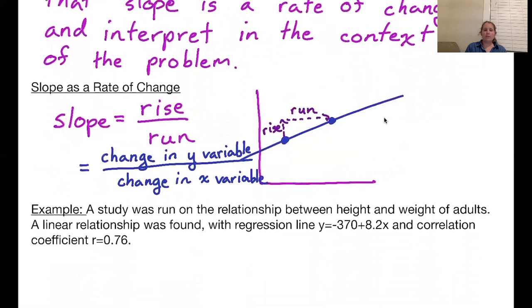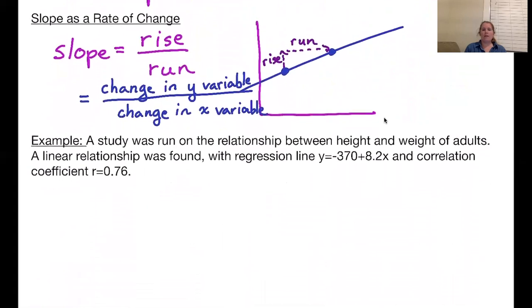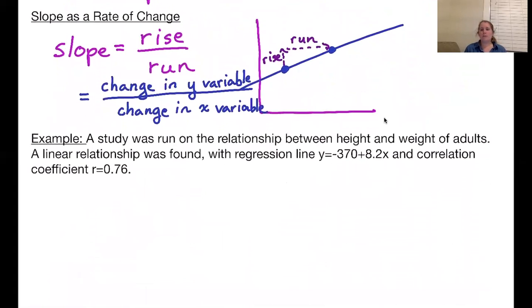So, for example, a study was run on the relationship between height and weight of adults. A linear relationship was found with regression line y equals -370 plus 8.2x and correlation coefficient r equals 0.76. So again, we have our key linear relationship.